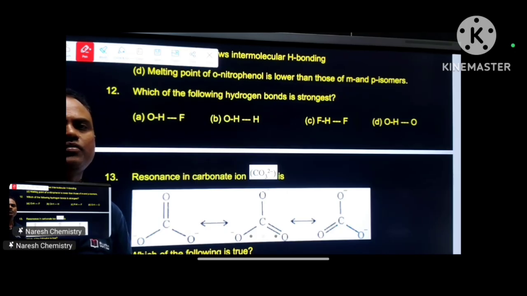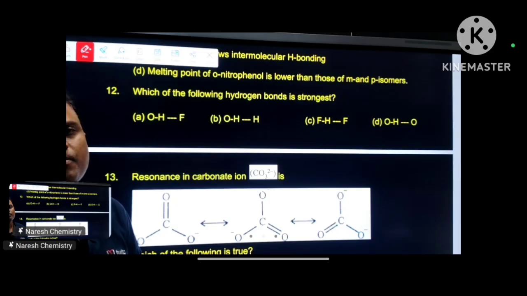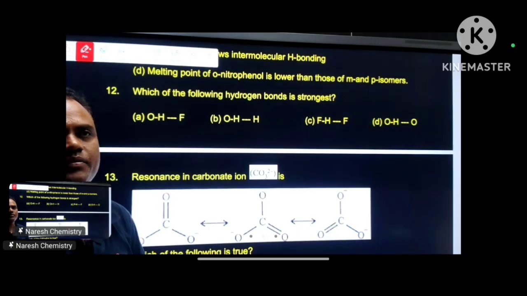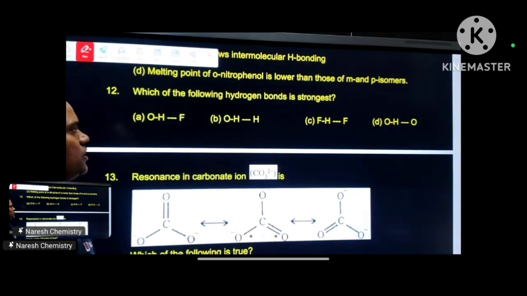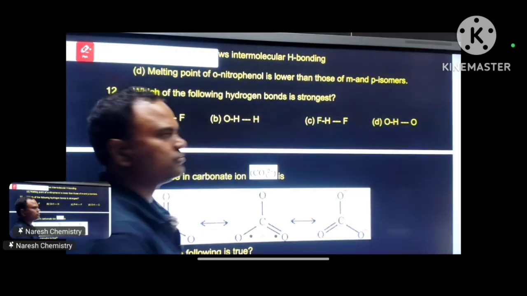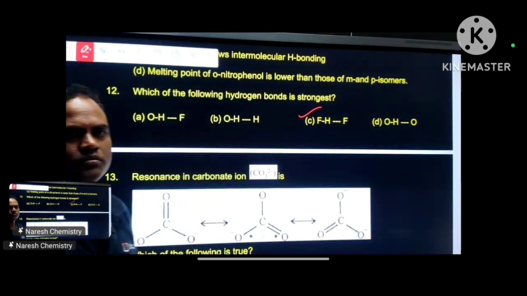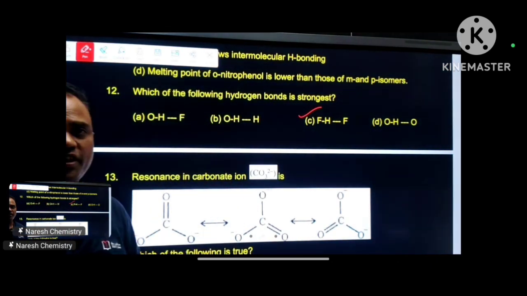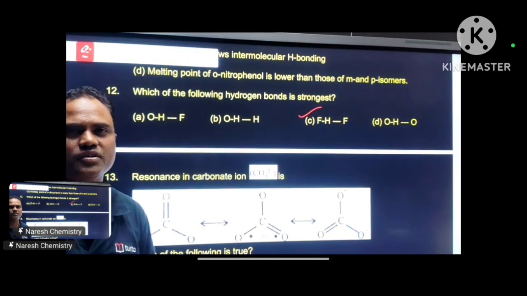Strength of hydrogen bonding depends on what? Electronegativity. C is the answer. This is a neat question also. In the weekend also you will get these types of questions.